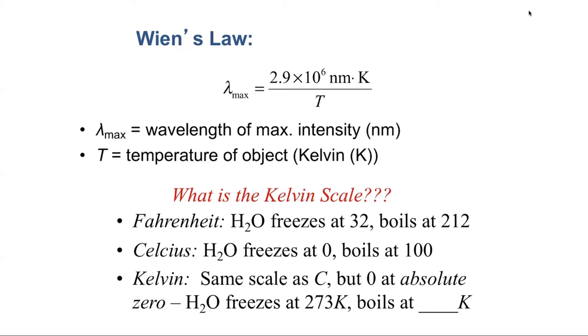Now the Kelvin scale. The problem with both the Fahrenheit and the Celsius scales is that when they were developed, nobody knew that there was an absolute zero, which is why you have a 2-point scale. Most scales that we use have a single point because 0 is 0. If we're measuring distances, 0 meters is 0 meters, and that is one of the reference points of the scale. There is a zero point for temperature, and it is neither 0 degrees Fahrenheit nor 0 degrees Celsius.